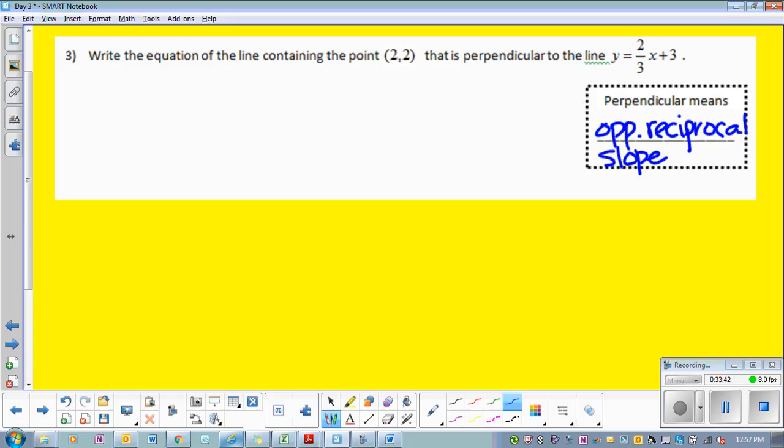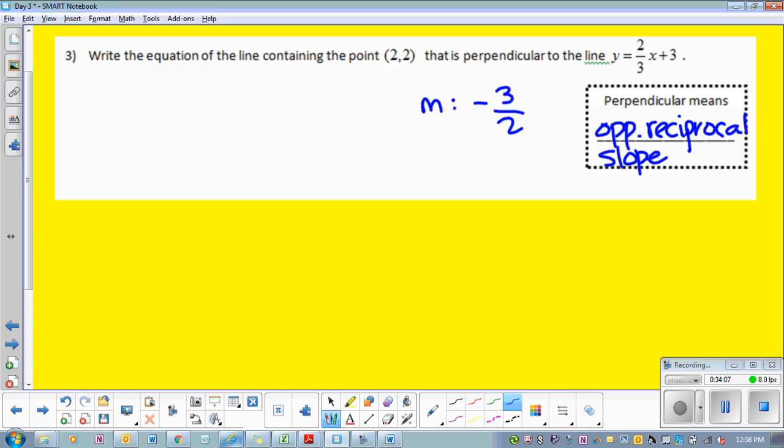It means if it was a positive, make it a negative, and then flip that number, right? So then your m, your slope, becomes what? If it was 2/3, now it's negative 3/2. Good. Wait, m equals slope, right?